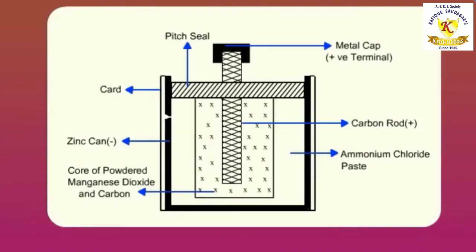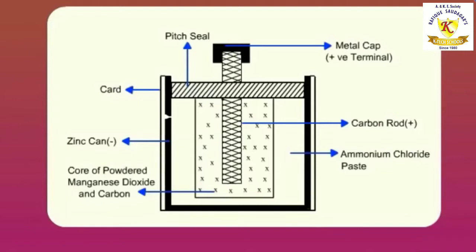A carbon rod surrounded by manganese dioxide acts as the positive electrode. A dry cell is portable and very convenient to use. So, this type of cell is used in torches, radios, and other small electrical devices.